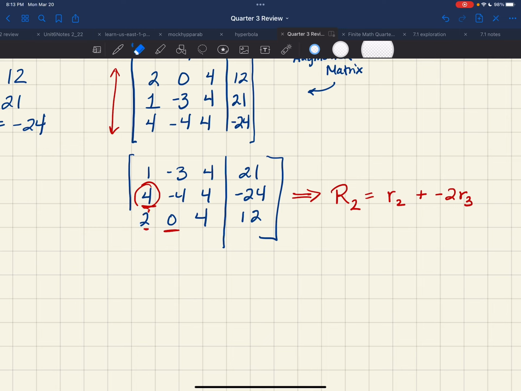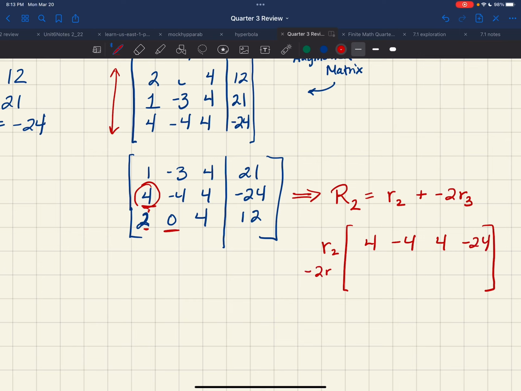Okay, so let's go ahead and see if we can get those running. So I'm just going to put just those parts on the side. You'll notice I have some matrices on the side here of just the 2 rows in question. So I'll do row 2, which is 4, -4, 4, and -24, and then -2 row 3.